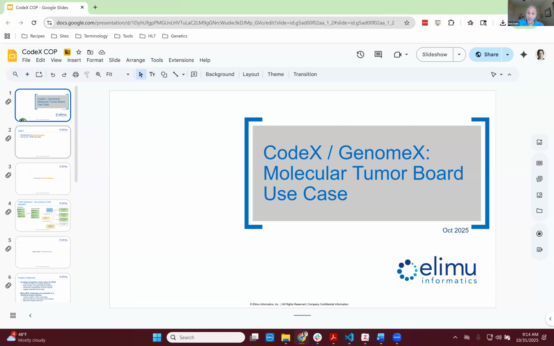So based on that, we formed the molecular tumor board use case under CodeX. I want to talk to you a little bit about the use case, our long-term vision, where we want to go, and our more immediate trajectory over the next 1 to 2 years.